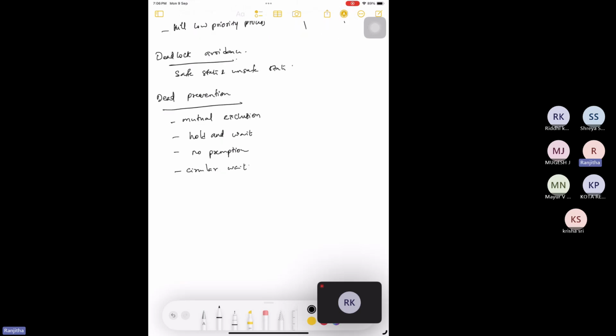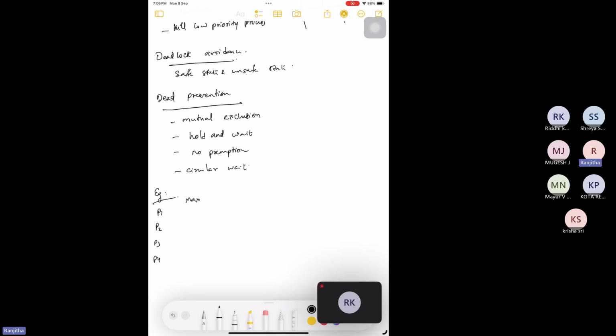Maybe we can see a few more examples. One more example. So we have P1, P2, P3, P4.